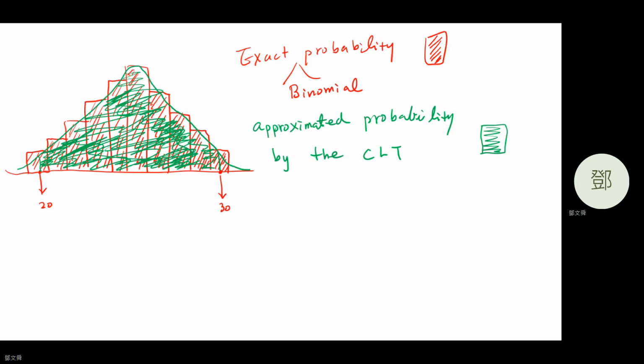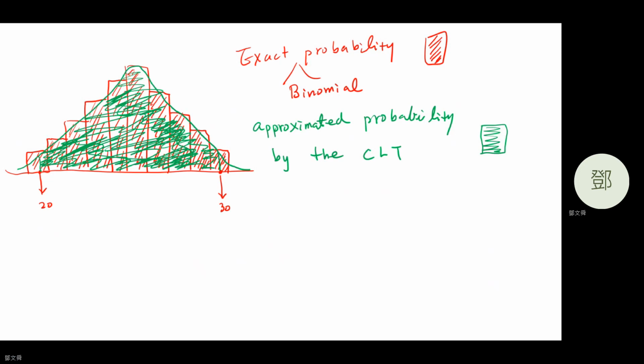Half a step right of 30, and half a step left of 20. So what is the difference between the two shaded areas? The difference is the half part of this and the half part of this, and this is why this is 0.84 something, and that's 0.88 something.